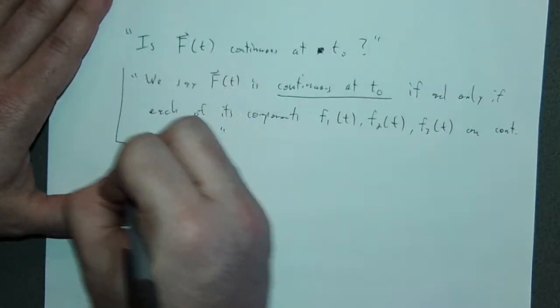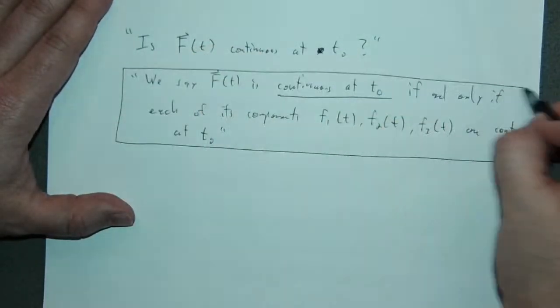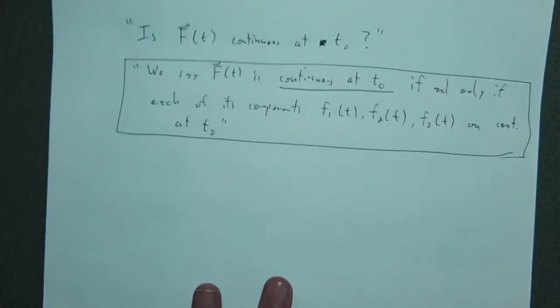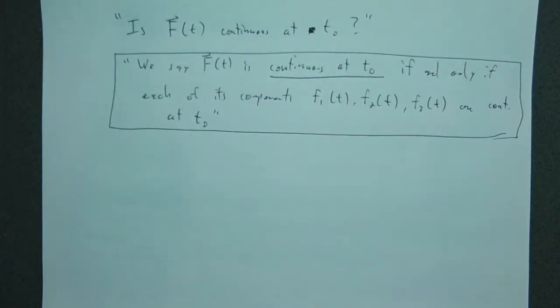Okay, and so this is the definition of continuity. This is also similarly going to be the thing that we do for differentiability of vector valued functions. And so if its component functions are continuous at a point, then the vector valued function itself we say is continuous at t naught.